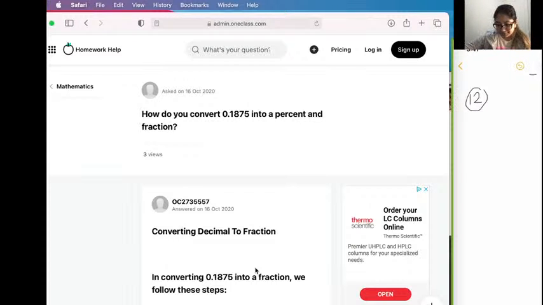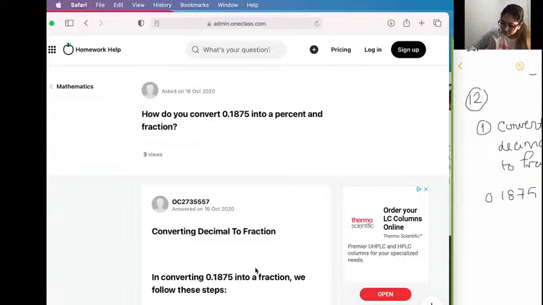So to convert a decimal to fraction. Okay, fraction.